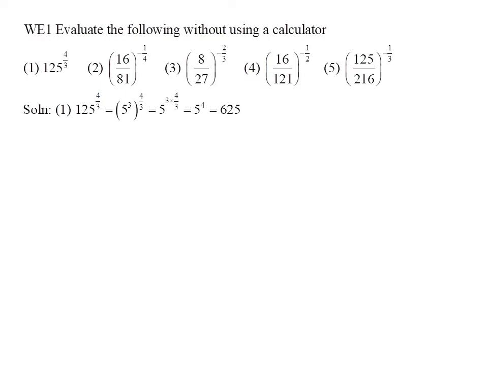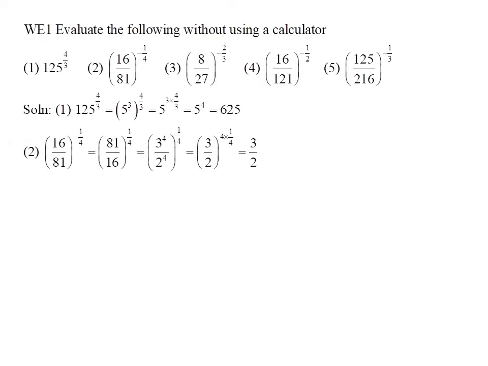We use the same approach of rewriting their bases in terms of their prime factors for the rest of the questions, and then proceed with the exponential laws to obtain the corresponding results as shown on the screen here. As for the second expression, the base 16 over 81 can be rewritten to 3 over 2 raised to the 4th.